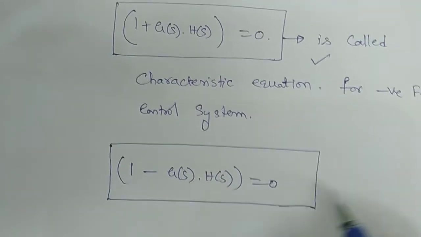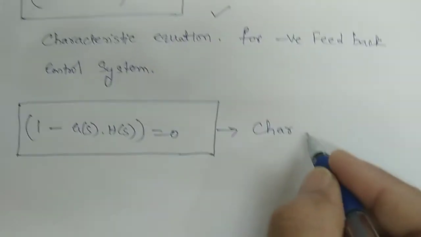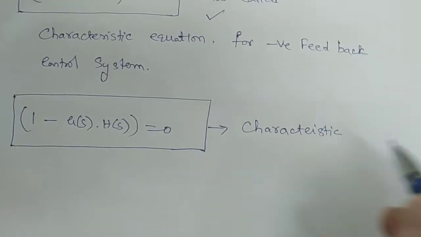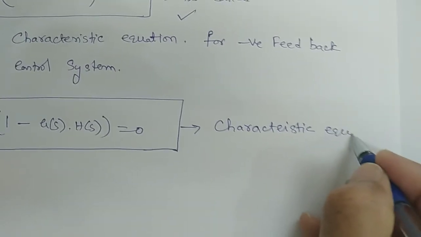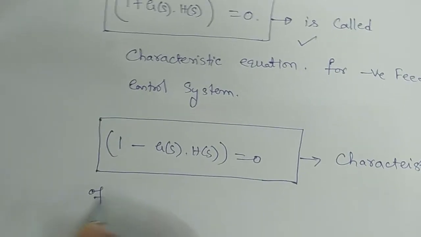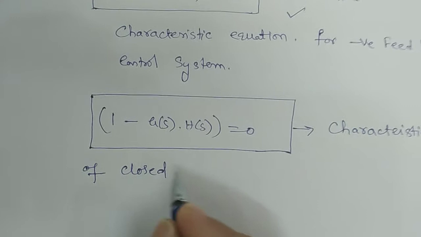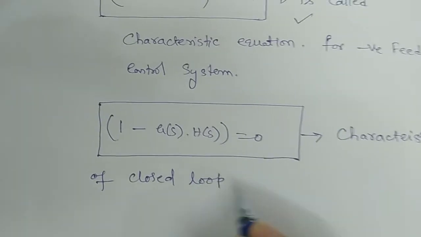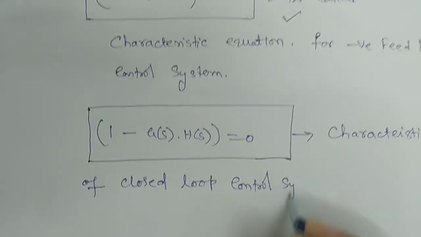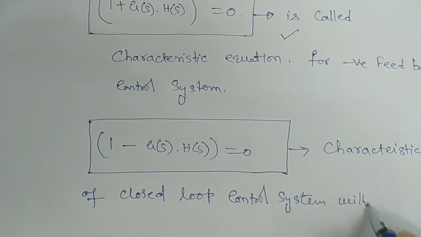This is called the characteristic equation of the closed loop control system with positive feedback.